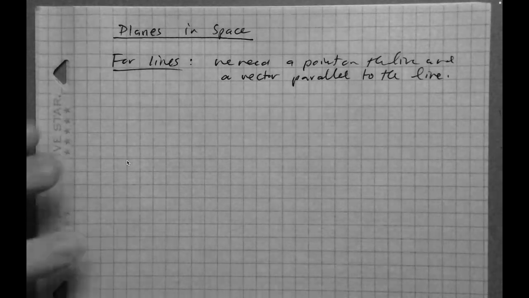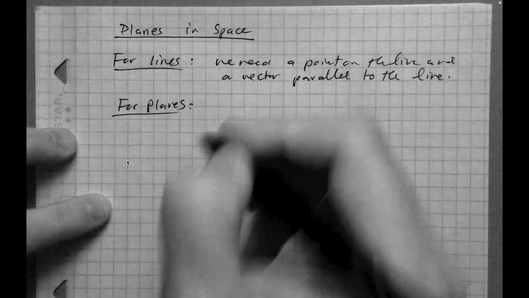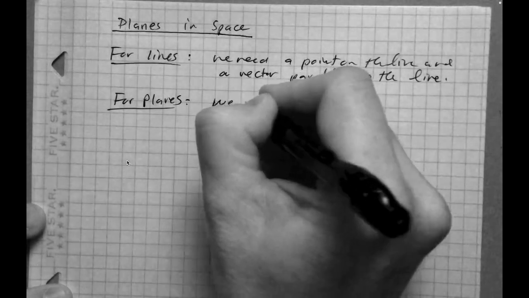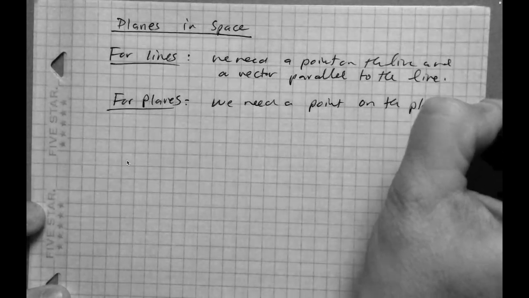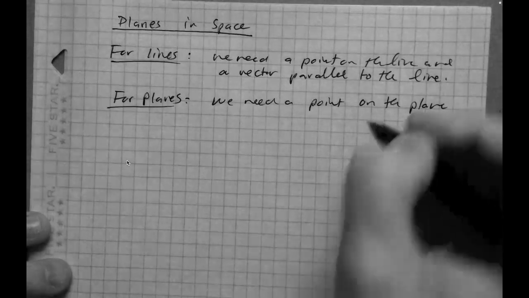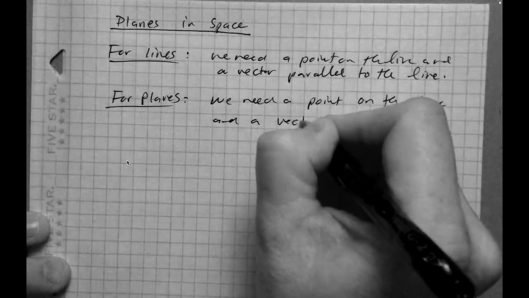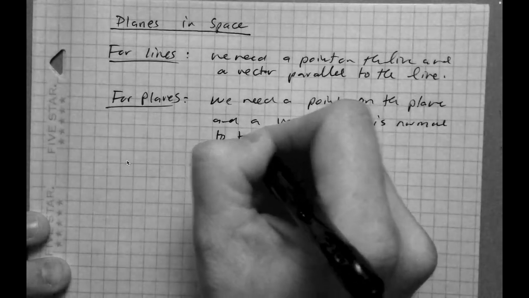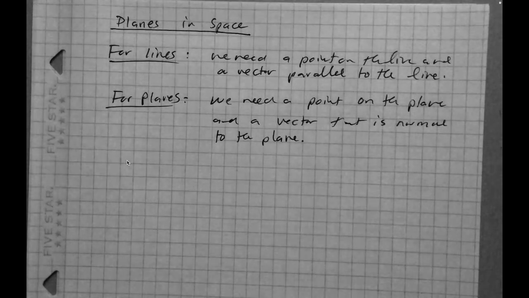So for planes, we need a point in the plane and a vector that is normal to the plane, a vector that is 90 degrees to the plane, or perpendicular to the plane.